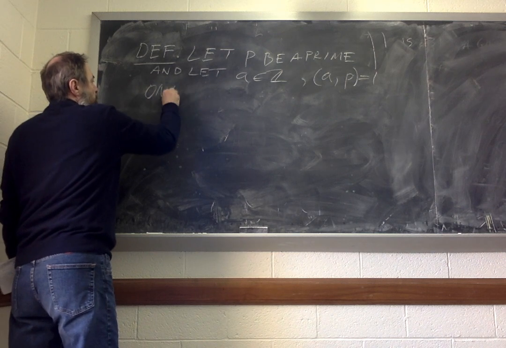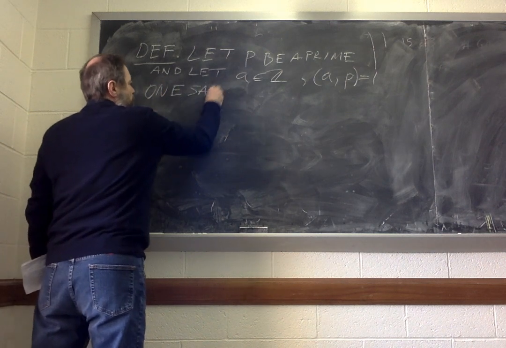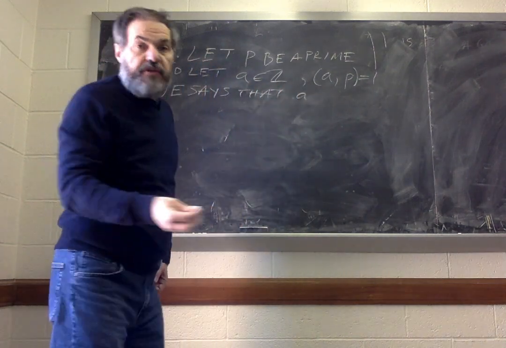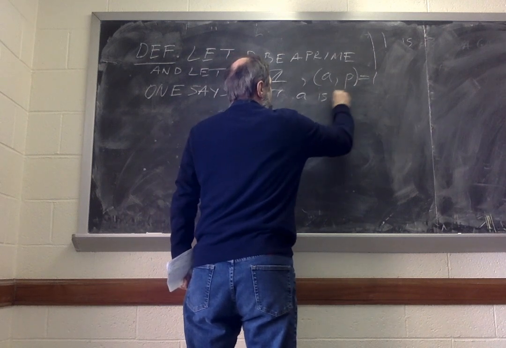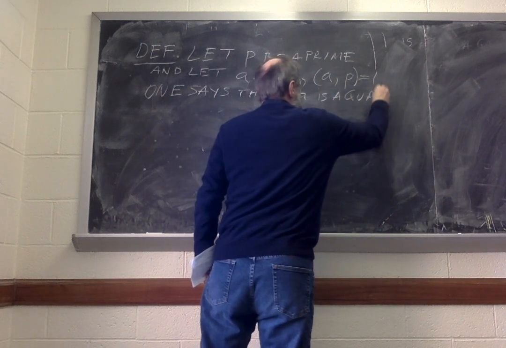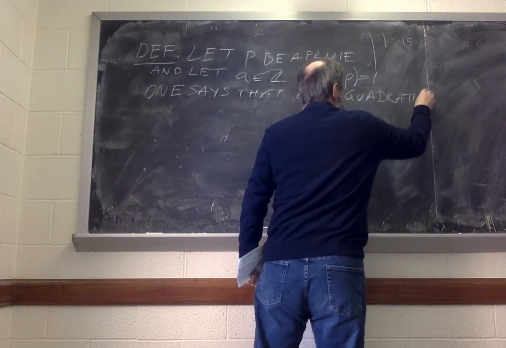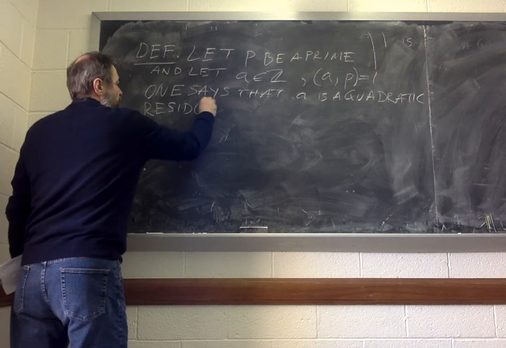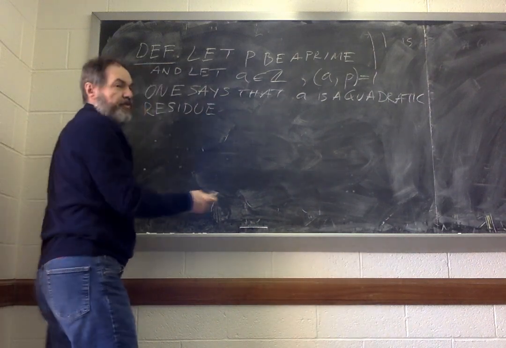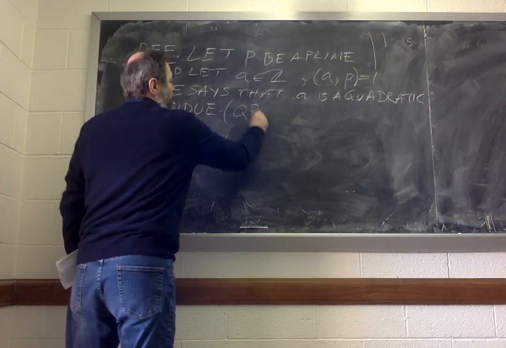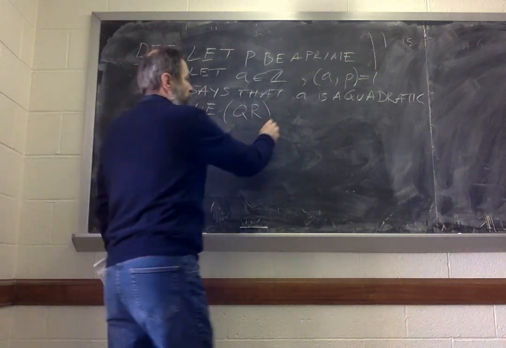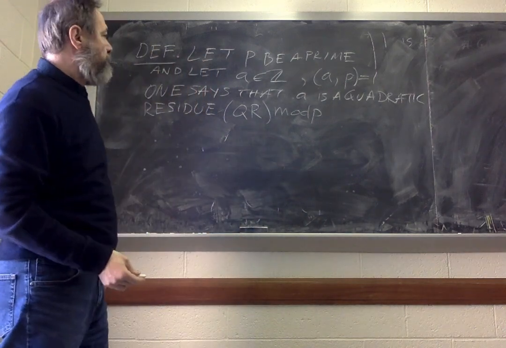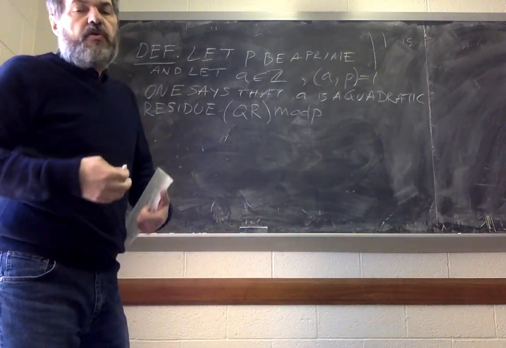We say that a is a quadratic residue, and I'm going to write just QR for quadratic residue, mod p or modulo p, if a is congruent to a square.